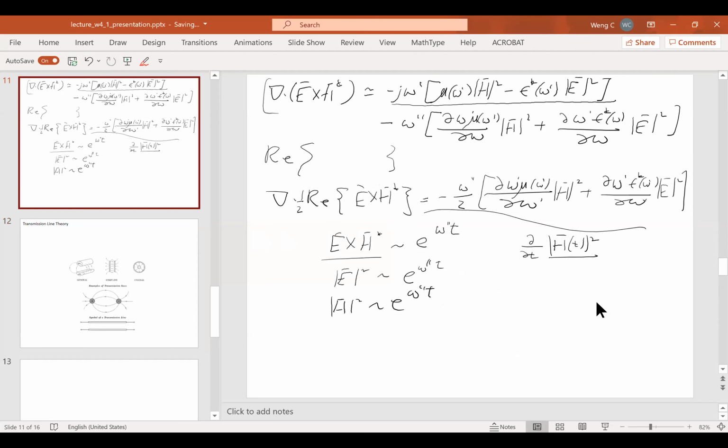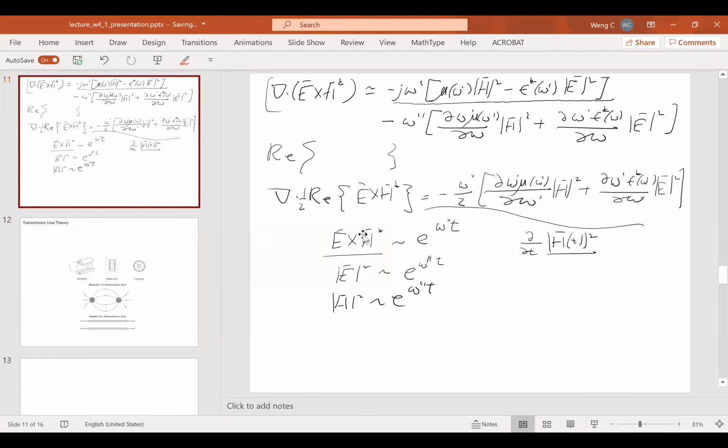So I can think of my right-hand side now as being equal to partial t of some stored energy of some kind because of this omega double prime over here. Sorry, this should be 2 omega.